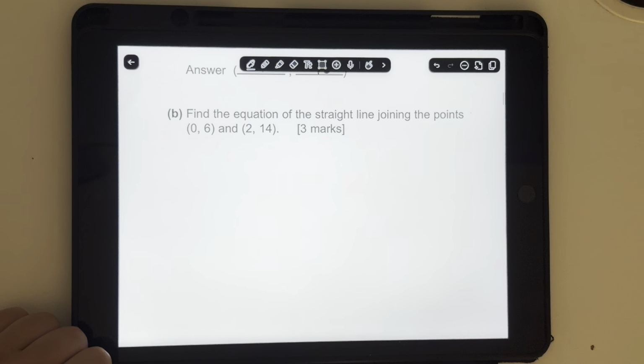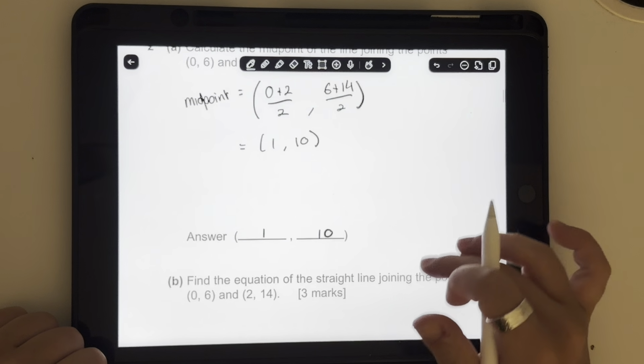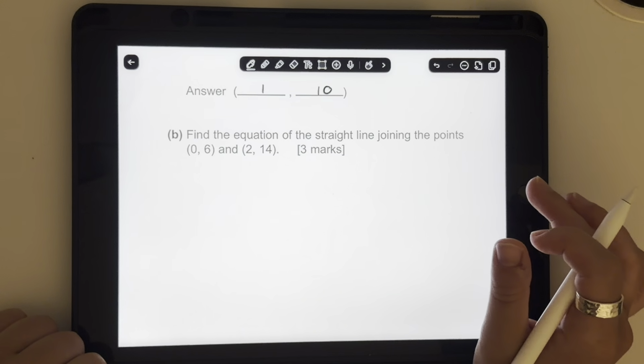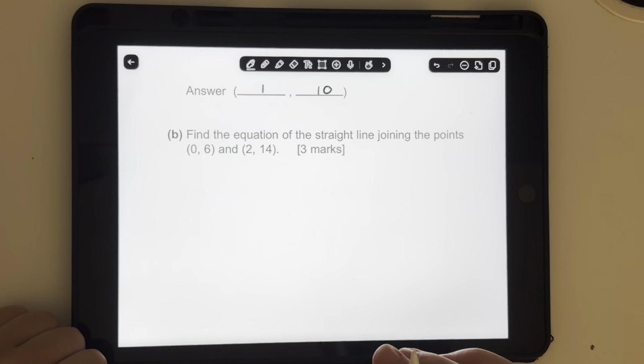Find the equation of the straight line joining the 2 points. So we have the midpoint, which is not that helpful. Wait, how do you actually do this? Let me remember.